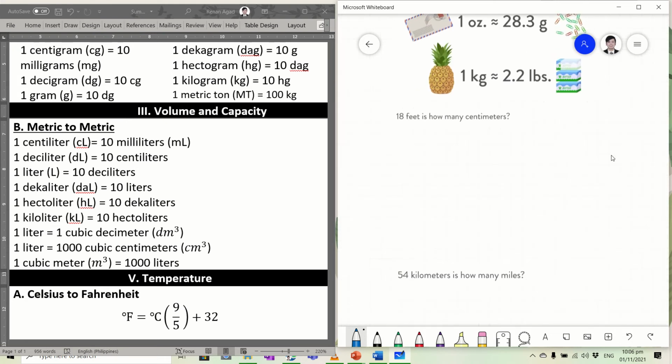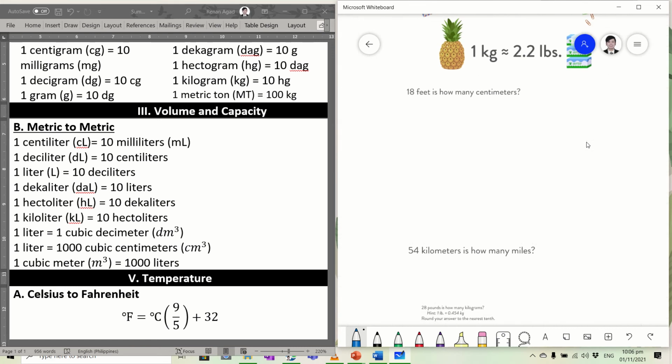Okay. Let's try to consider an example. Here we have 18 feet is how many centimeters? First, feet is English, then centimeters is metric.